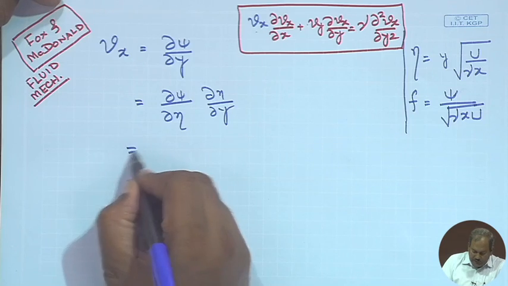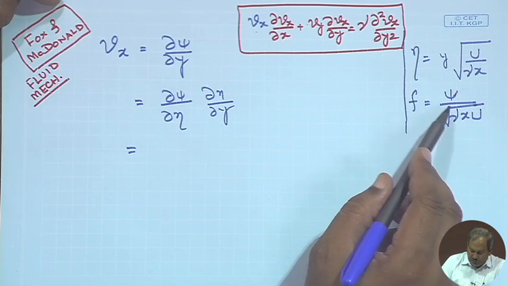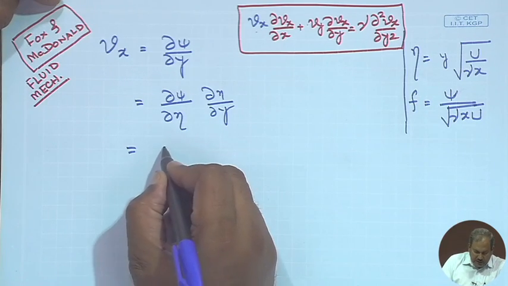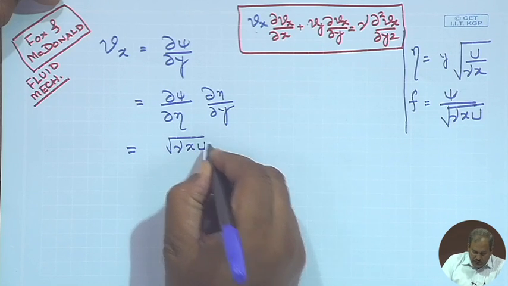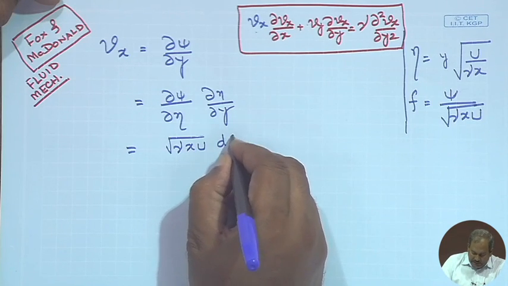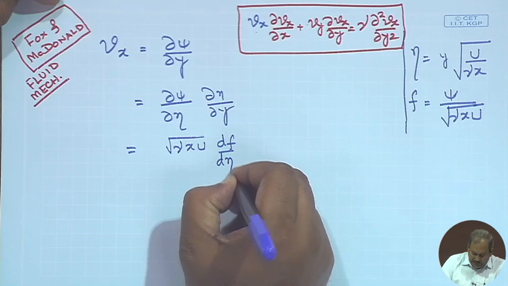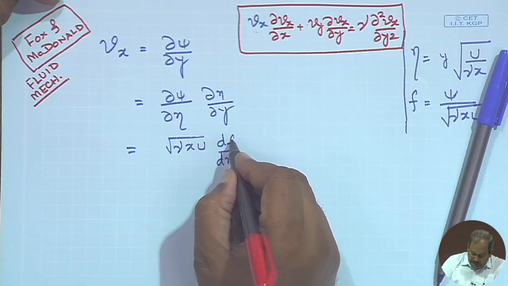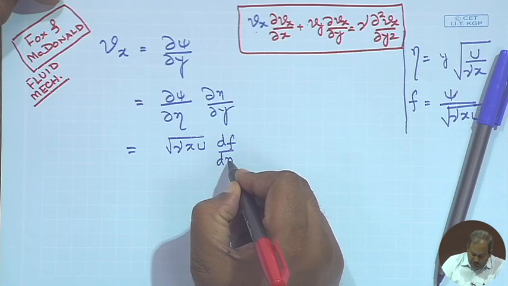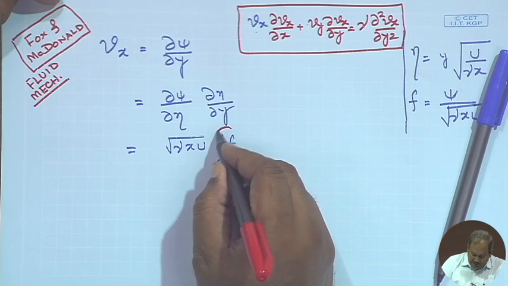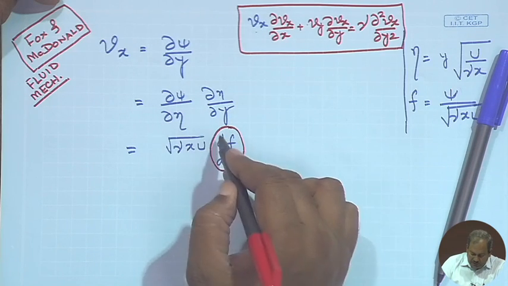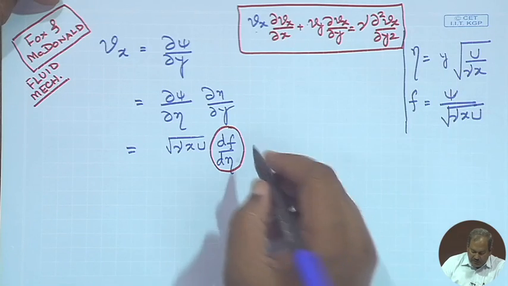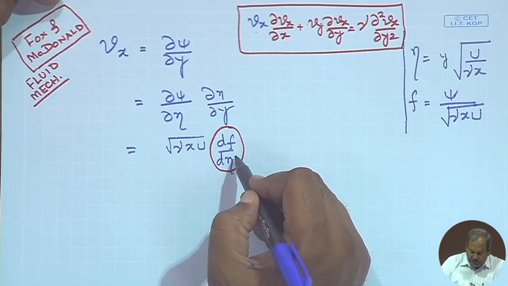So if we transform that psi to f, del psi by del y would simply be root of nu x u times df by d eta. Since f is a function only of eta, the combination variable, I am getting rid of the partial sign and simply getting an ordinary differential form.